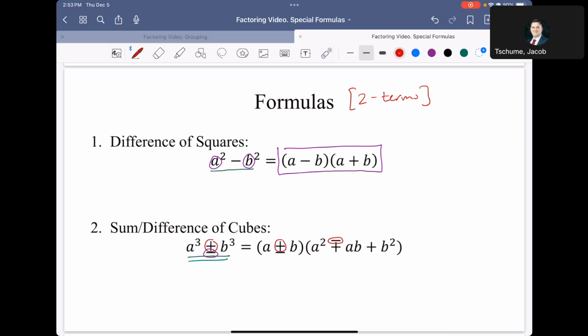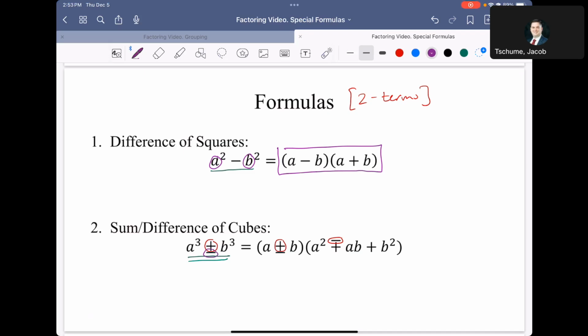You'll notice that in front of the b squared, there are not two different symbols. That's because both of these formulas require you to use a plus sign in that last term of the second parentheses. Now be careful, because if I change it up into two terms that are being subtracted and can be written as cube terms, that would be a cubed minus b cubed.